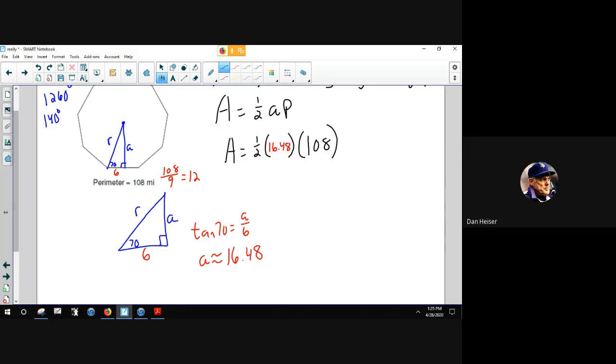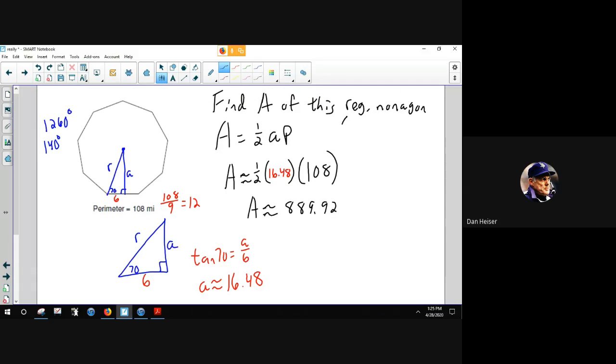Now that we have our apothem, we can go ahead and multiply this out. And we get an area of, and this is going to be approximately, not equal to anymore, 9.2. And at the very beginning, I should have put nearest hundredth, because I knew ahead of time we were going to get a decimal.